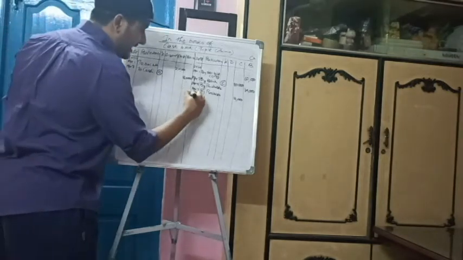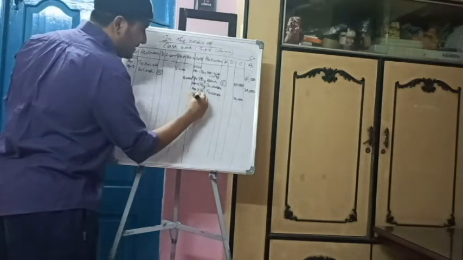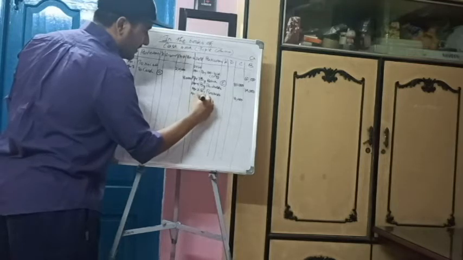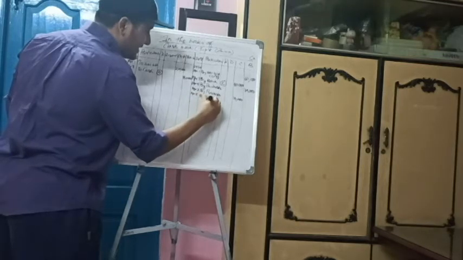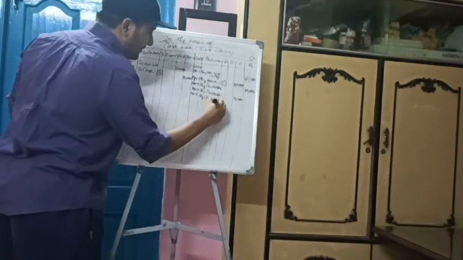Next entry is paid commission by check. Again payment is being made. So April 8, commission is being paid by check. By commission, check means related to bank. What is the amount? Amount is 12,000.